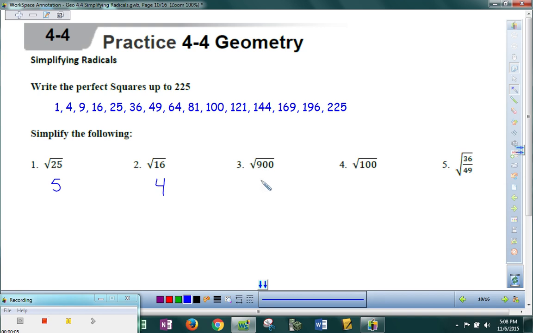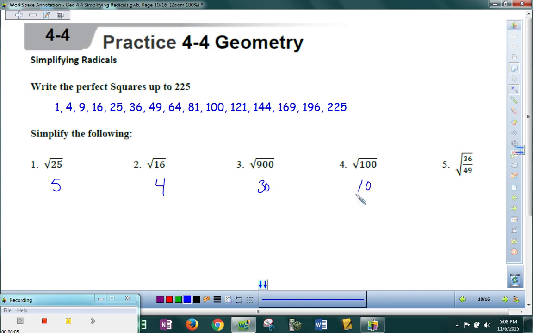This one, in fact, is a perfect square, and the square root of 900 is 30. Just because it doesn't show up on our list doesn't mean it's not a perfect square, so it's always a good idea to check that first. On number 4, I'm sure you can handle it. The square root of 100 is 10.